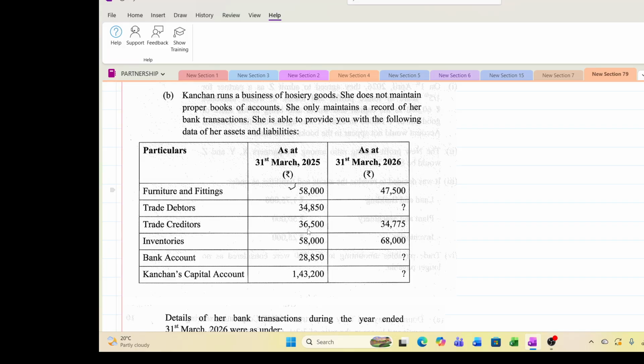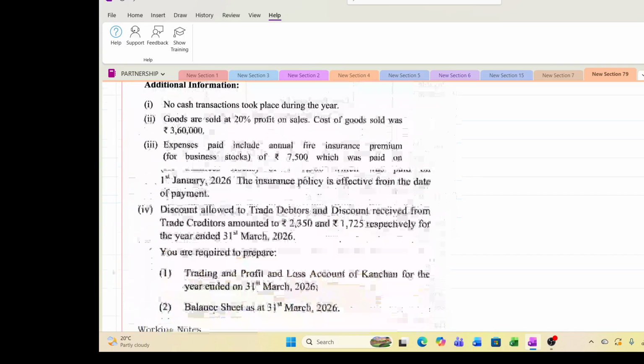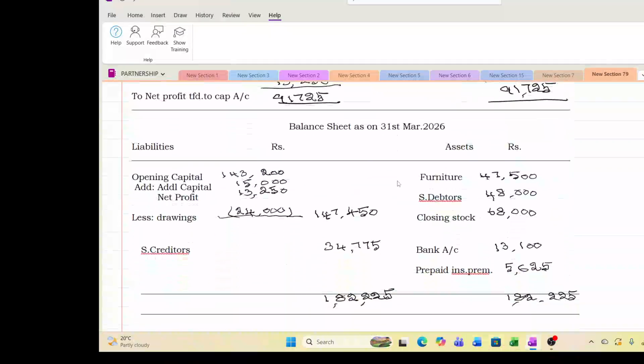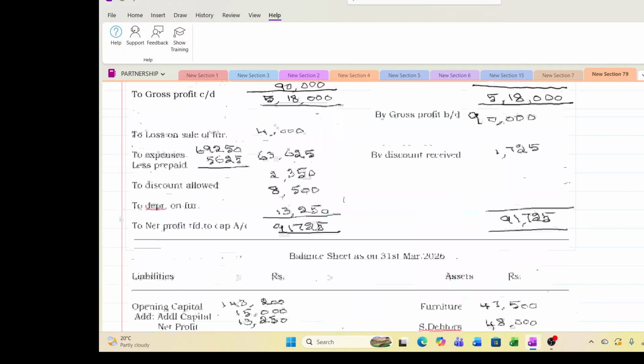Trade creditors. We have seen that they have not given the credit purchases. Though the balances are given, we have to open a creditor account. When you write the furniture account, sorry, I forgot, this 47,500 we have to enter in our balance sheet also. You have to write it in your current balance sheet, 47,500.